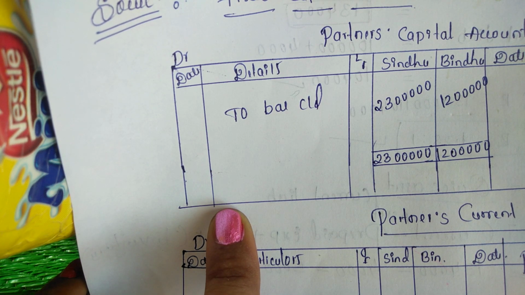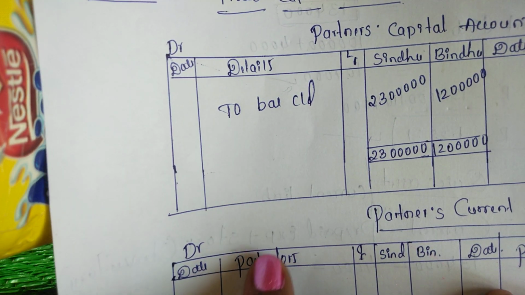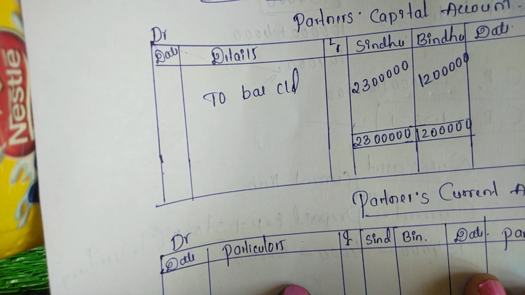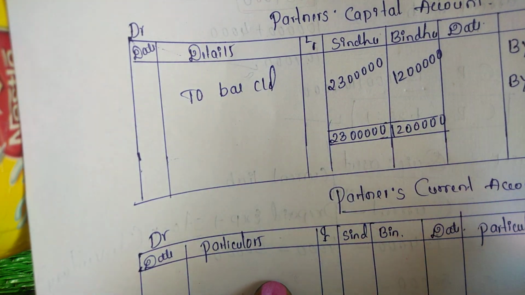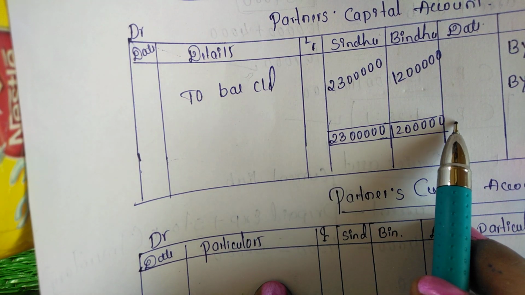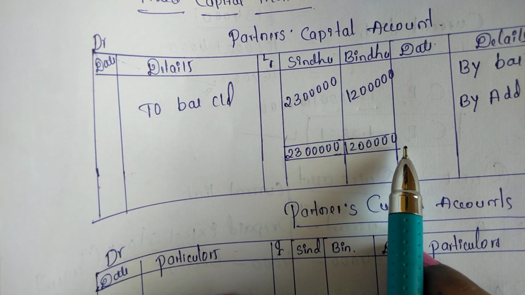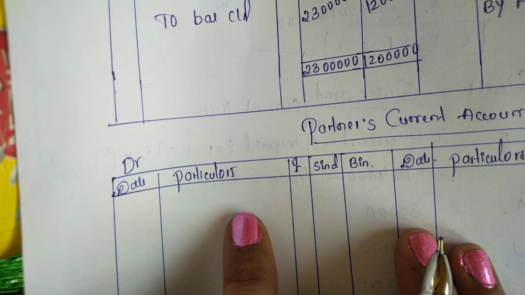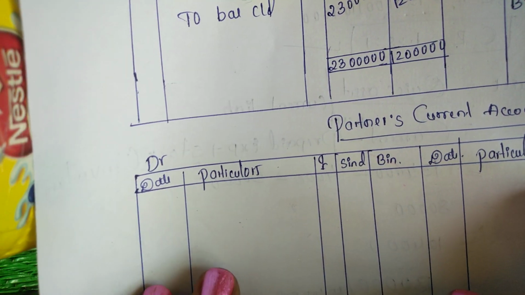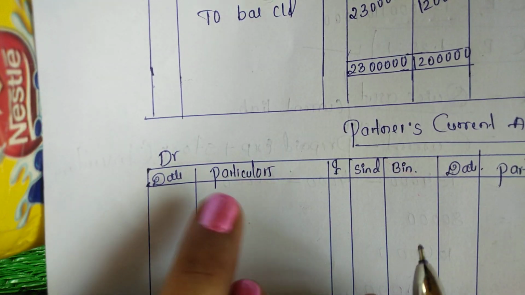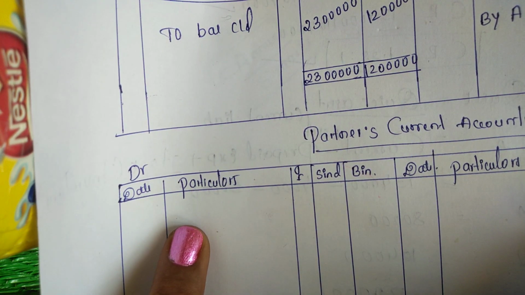For the remaining 50%, one more account is prepared according to the fixed capital method, that is the partner's current account. In a capital account we enter the additional capital and existing capital amount, but in a current account we enter the other adjustments. Here this is the debit side and this is the credit side.